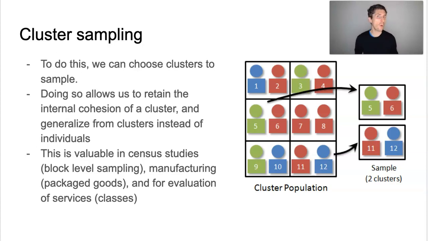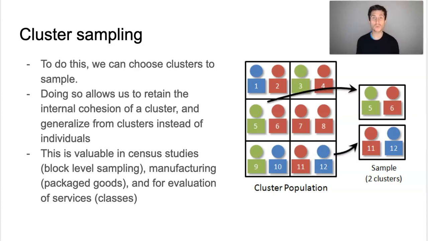Now, think about some areas in which this might be really helpful. So at the census level, that is when we do a count of everyone that exists in the United States, and we ask a bunch of questions about their income, about how many people live at their home, etc. We probably don't want to do analysis on individual levels.